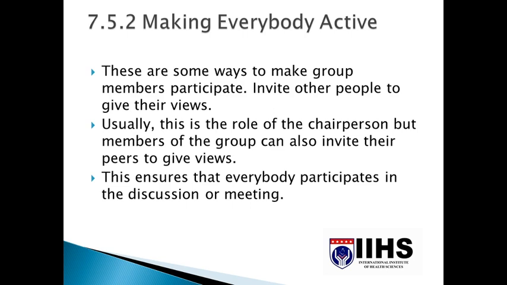These are some ways to make group members participate. You can invite other people to give their views. Sometimes this is the role of the chairperson. But members of the group also can invite their peers to give views, because it ensures that everybody participates in the discussion or the meeting.